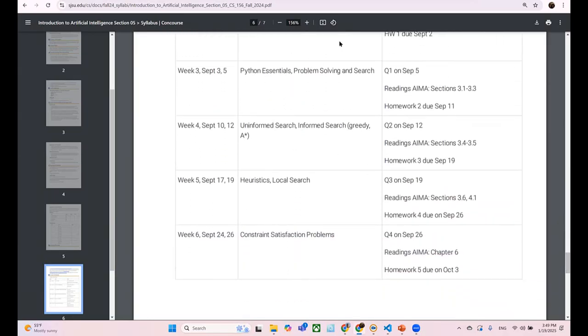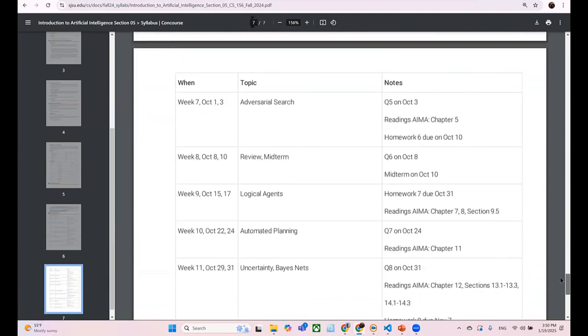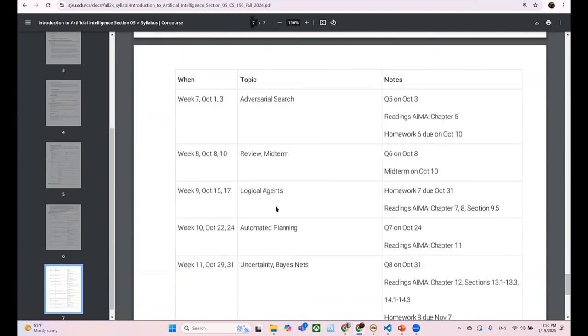And then you have uninformed searching, heuristic local searching, optimization problems, constraint optimization problems. You are searching optimization, and then basically, no, this is grammar net.